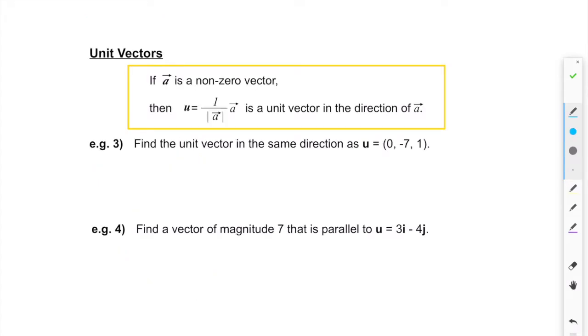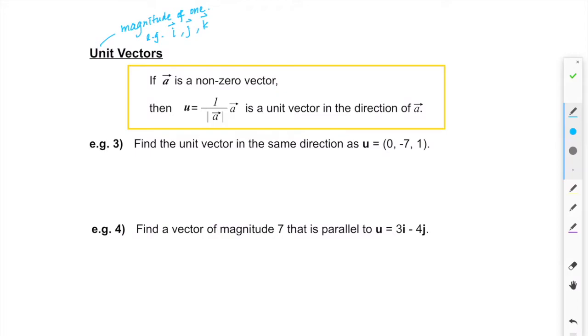So now let's look at what's called unit vectors. The name unit vectors basically describes vectors that have a magnitude of 1. Okay, so some examples of unit vectors would be i, j, and k, your standard basis vectors, right? Because all of these have a magnitude of 1.